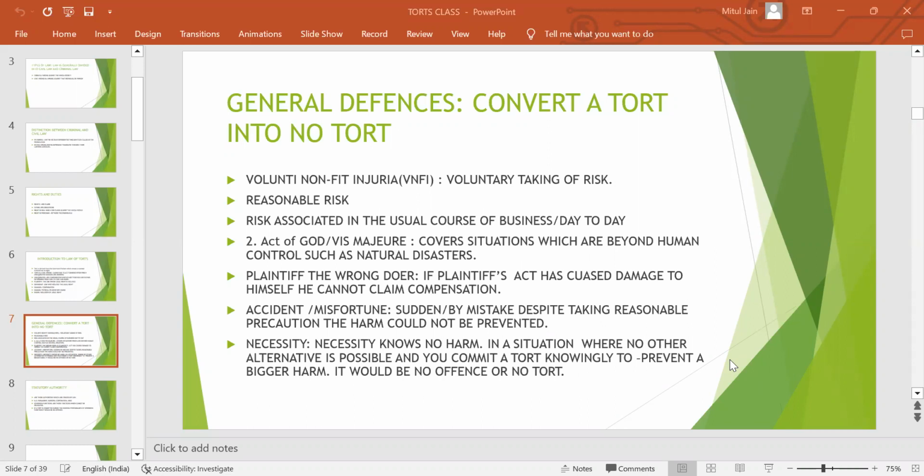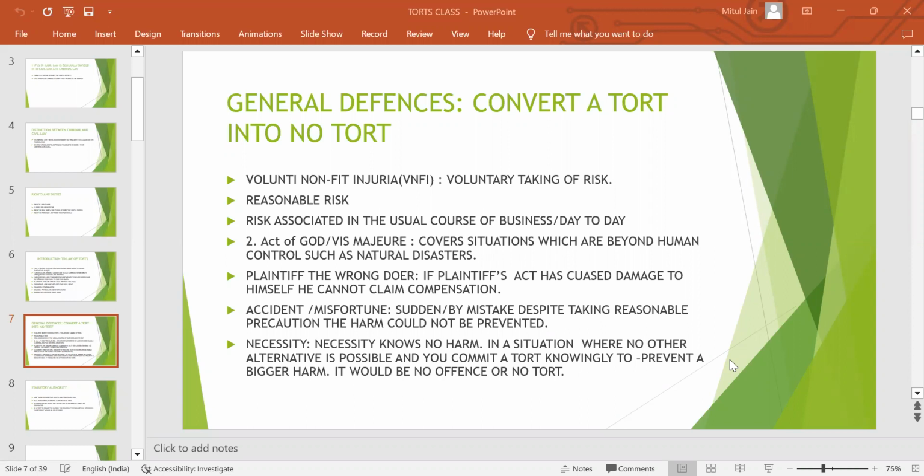Let's take a very simple example. You were crossing the road when the signal was green. A car which was running in the right direction, running within the reasonable speed, ends up hitting you. You suffer some injuries.